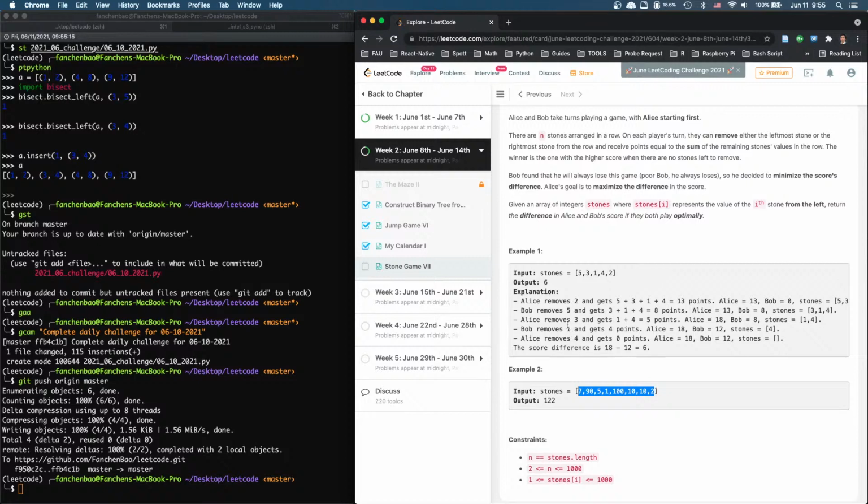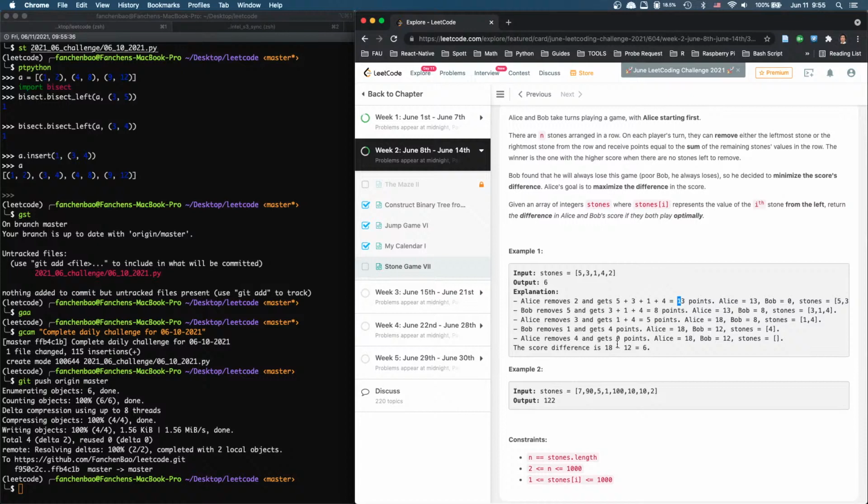So Alice can actually get 2 more chances than Bob to get points. If it's an odd number, then Bob has 1 more chance, but still, you see, first time Alice is 13, Bob is 8. Second time, Alice is 5, Bob is 4. And the last time Alice is not going to get any points.